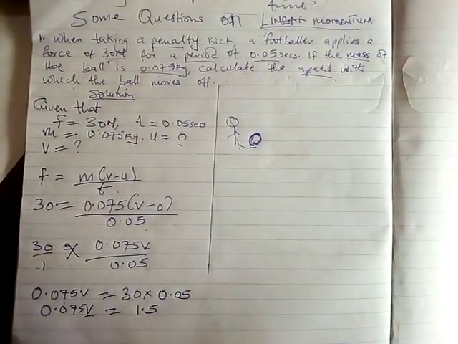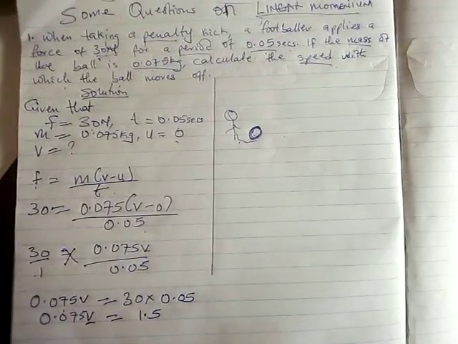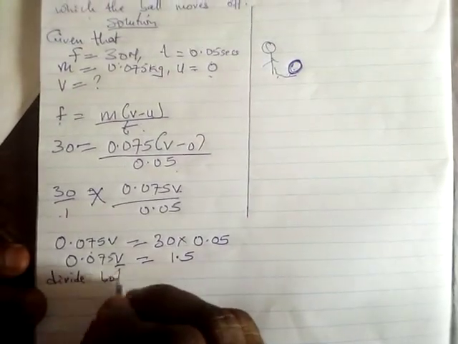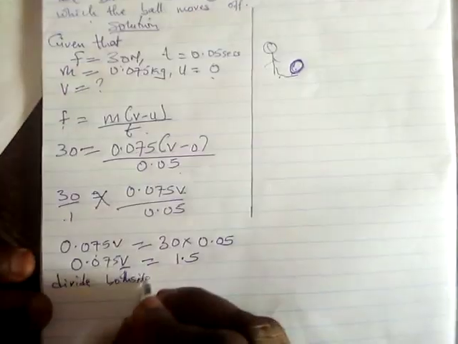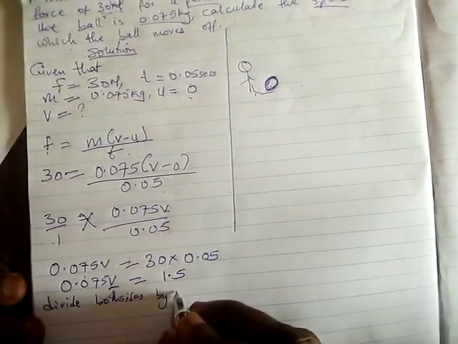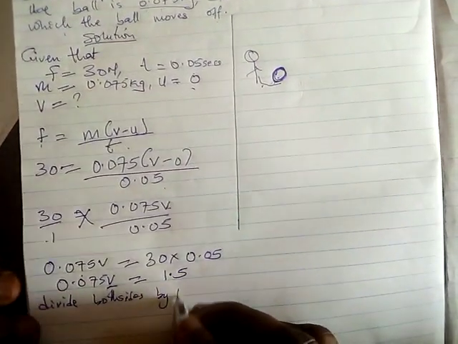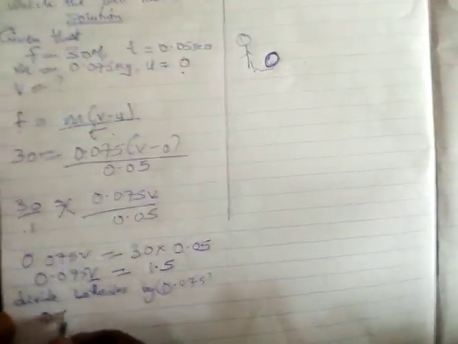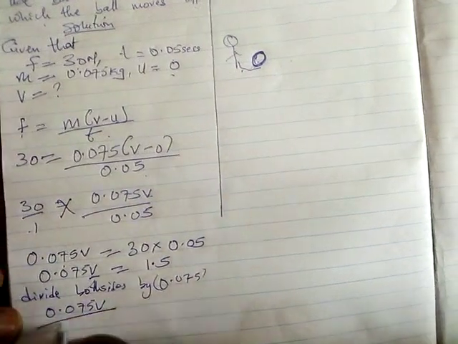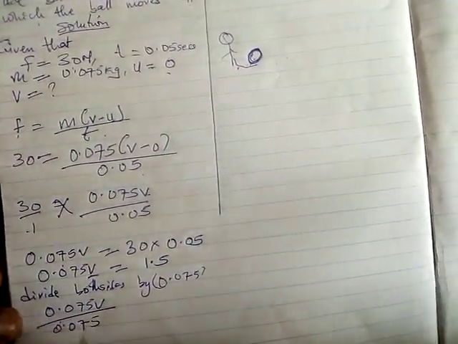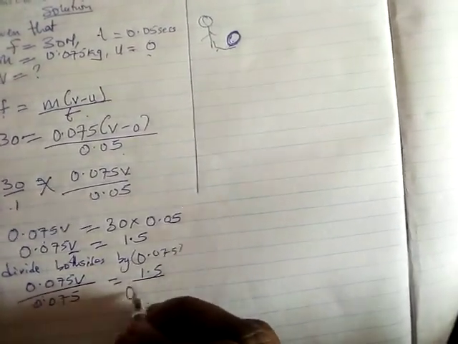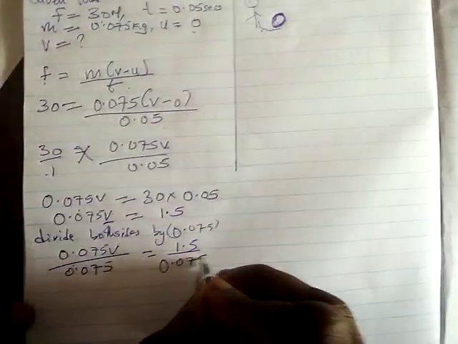So we are going to make V the subject of the formula. We divide both sides by the coefficient of V, which is 0.075. So we now have 0.075 V over 0.075 equals 1.5 over 0.075.